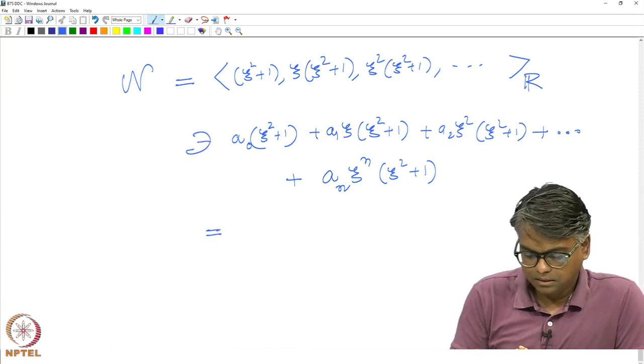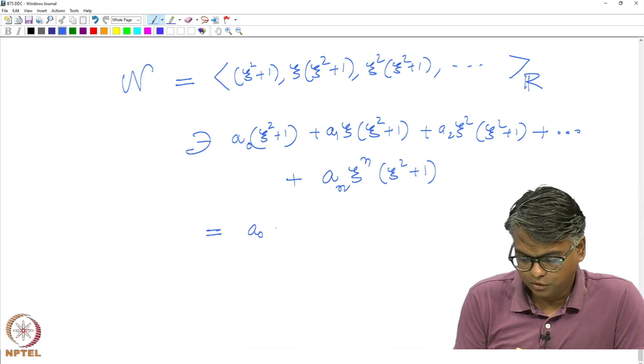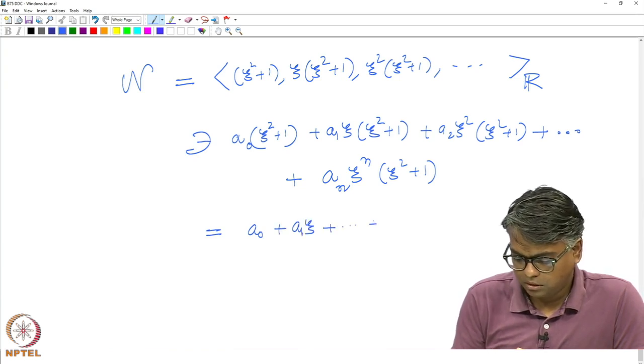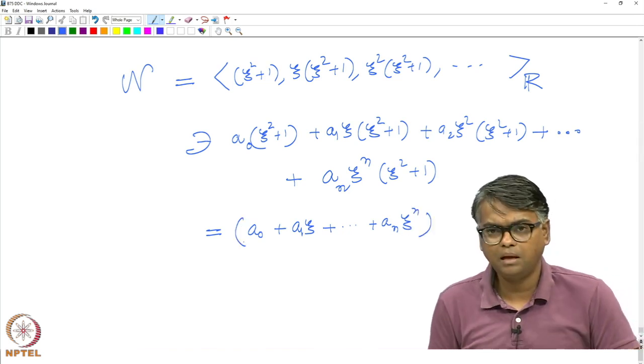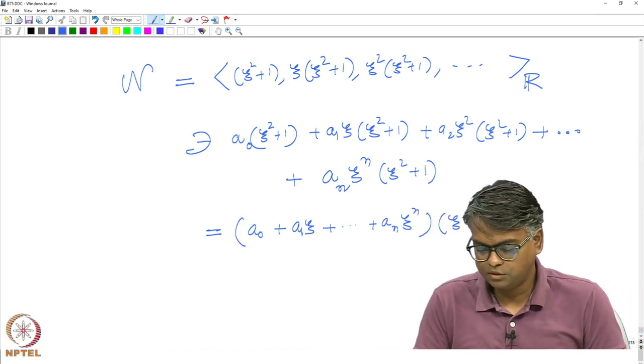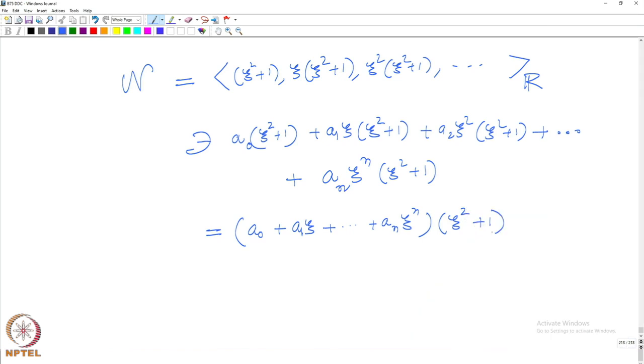This can in general be written as a0 plus a1 xi plus dot dot dot up to a n xi to the power n, a typical polynomial in R xi, multiplying xi squared plus 1. This tells us that n is nothing but the ideal generated by xi squared plus 1, the submodule generated by xi squared plus 1. Therefore, my n is indeed equal to the ideal generated by xi squared plus 1.